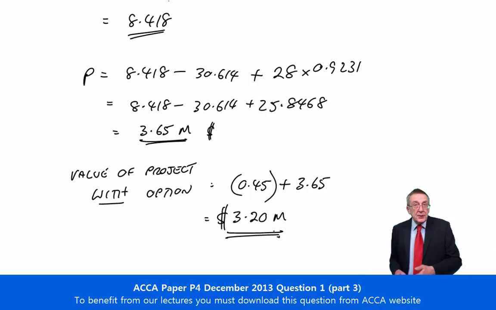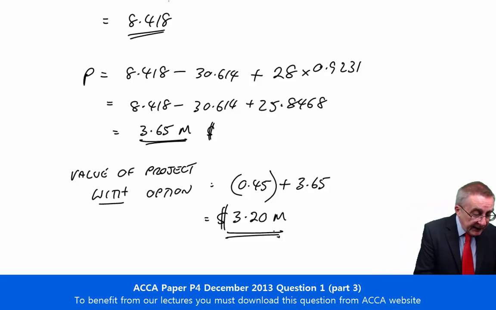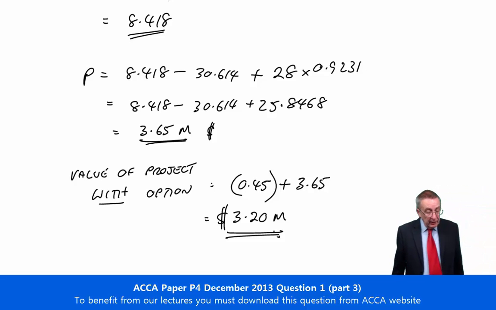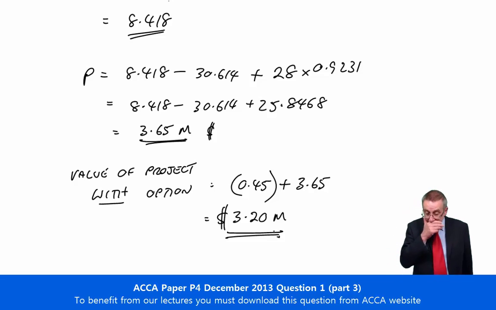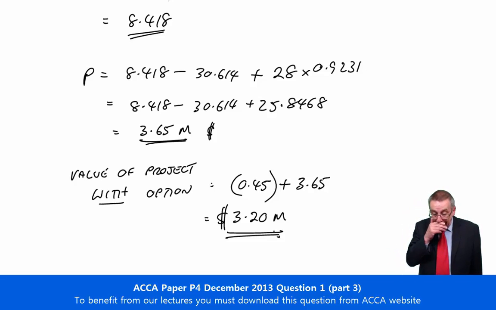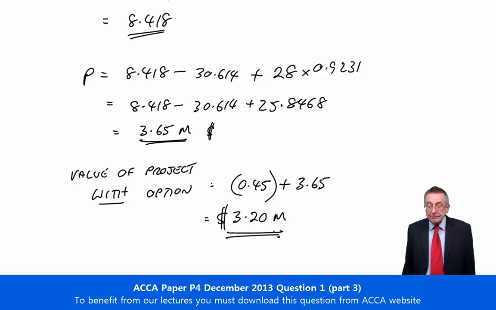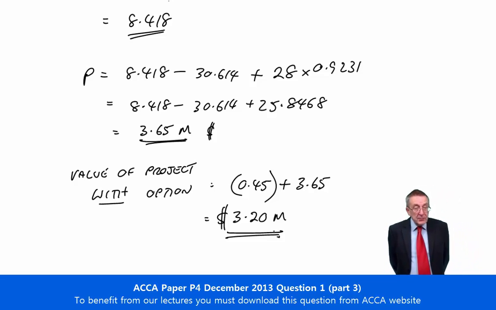As far as the option's concerned, there is one big risk there, that although Bullard's offered us this option, 28 million in time 2, and that's where our value came from, how confident are we that that option will actually be available?